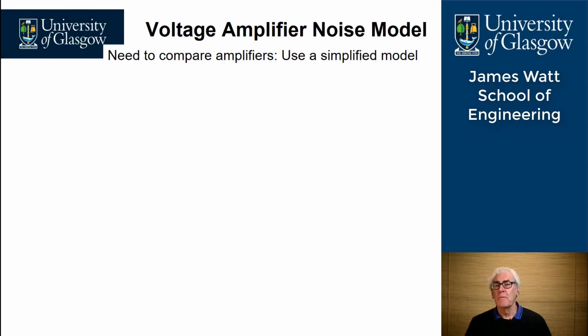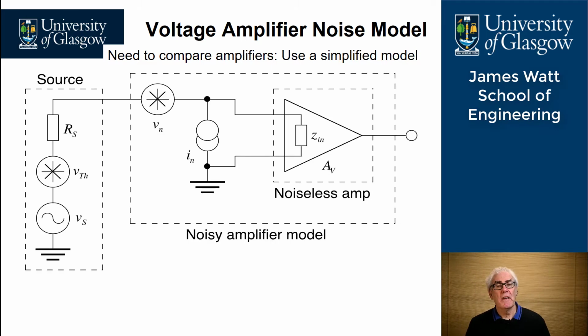In order for us to compare different types of amplifiers and different amplifier models, we need to use a simplified model to look at the effect of voltage noise on your circuit. Here we have one. On the left-hand side, we have the source, and associated with that source is a source resistance or source impedance.